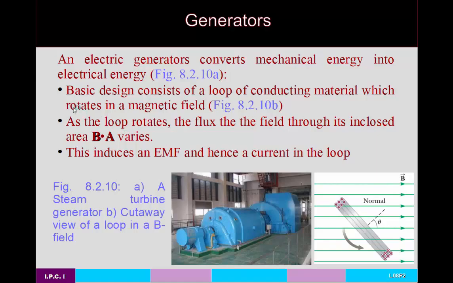And as the loop is rotating, the flux of the magnetic field through the enclosed area is going to be changing. That is, B dot A is going to be changing as this rotates because the angle theta is rotating. So this basically means that you're going to be generating an EMF and hence a current in the loop.